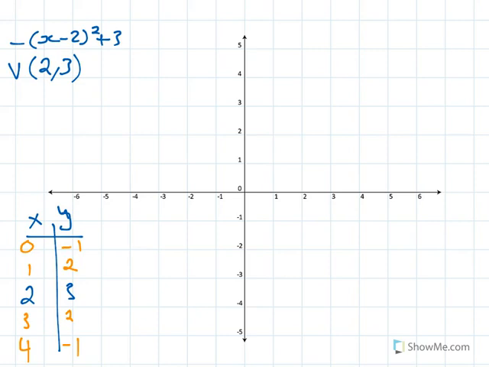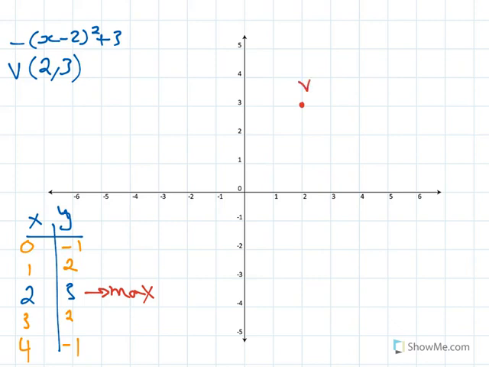So let's plot these points. I have the vertex, the most important point, which is (2, 3), and because this parabola is looking downwards, this point right here is a maximum point. So 2 and 3, 1, 2, and 3, so the point is right here.